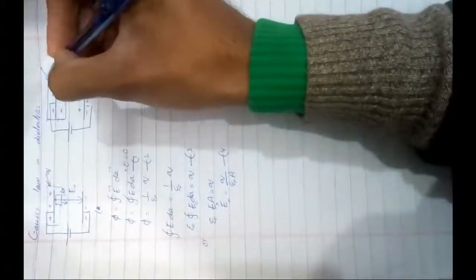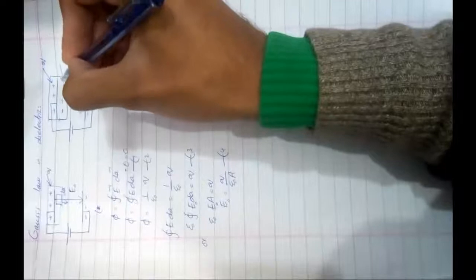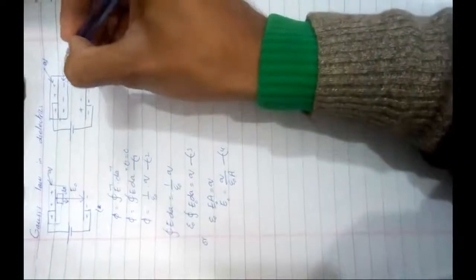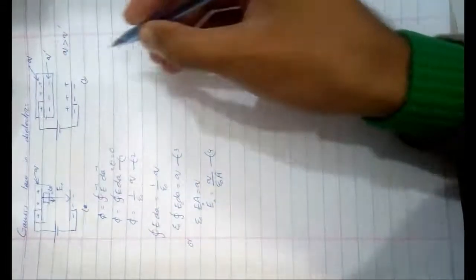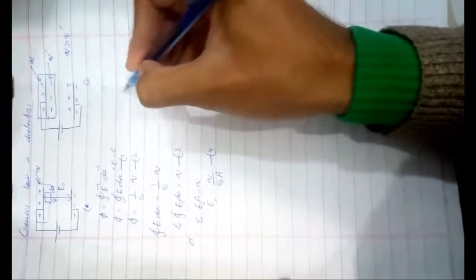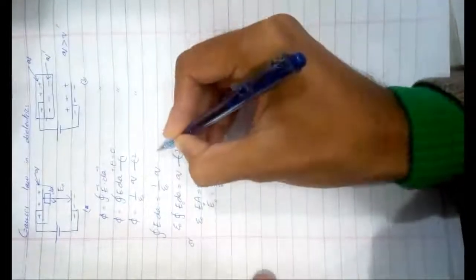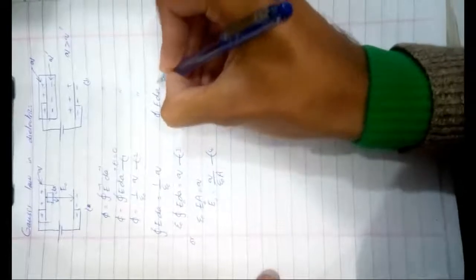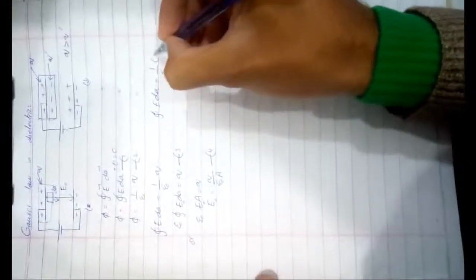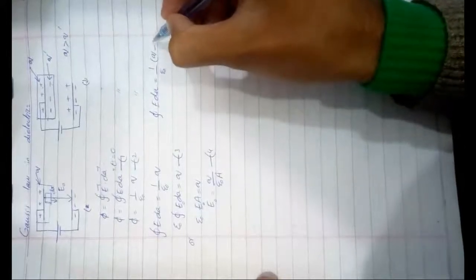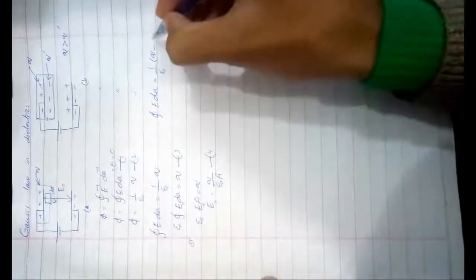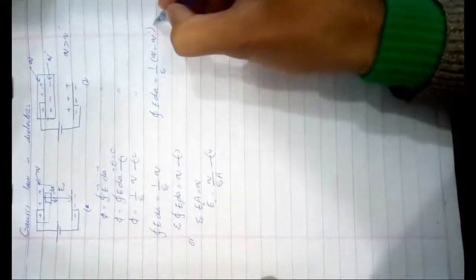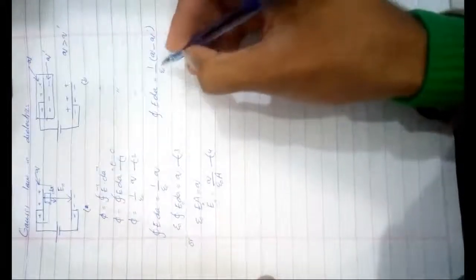Here the charges on the plates are Q, and the charges introduced due to the dielectric material are Q prime. In this situation these steps are the same, and from this equation we can write closed integral E dA equals 1 over epsilon naught, and here the total charge is Q minus Q prime, as they are in opposite directions.